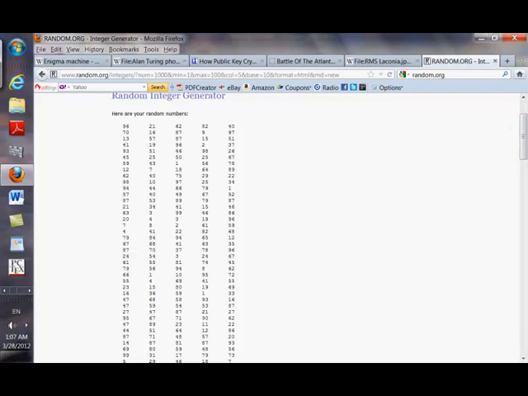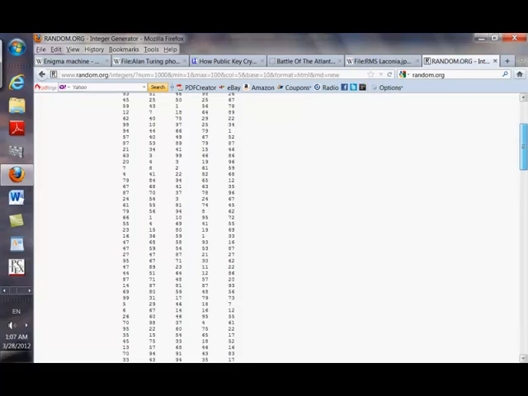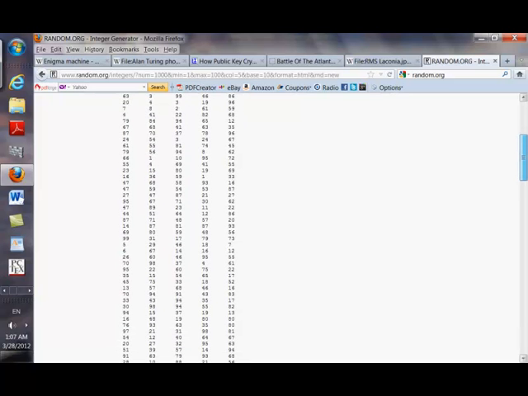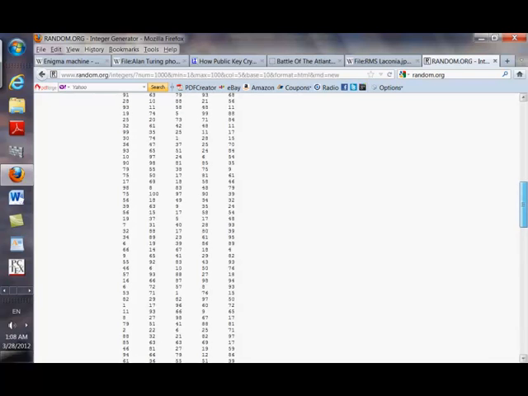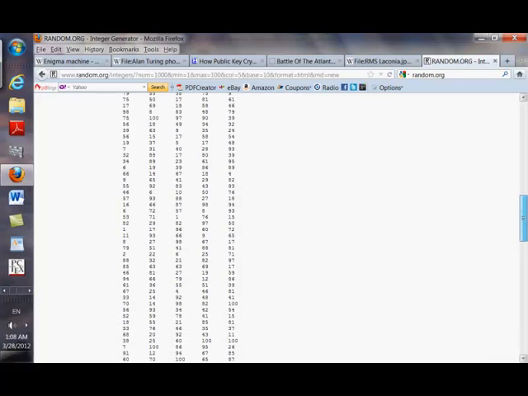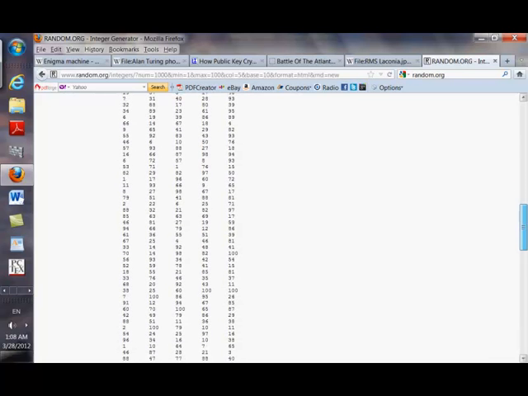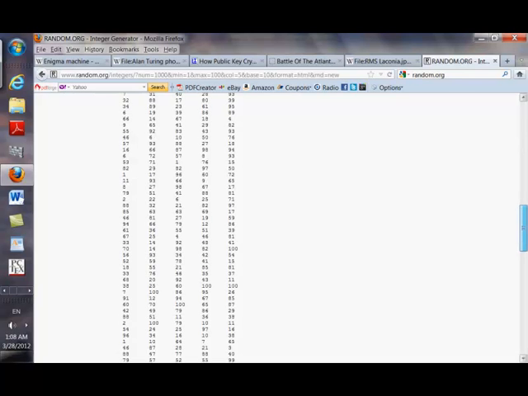And in the second column, I see 1 more time, and another one again, 3 more times in the second column.